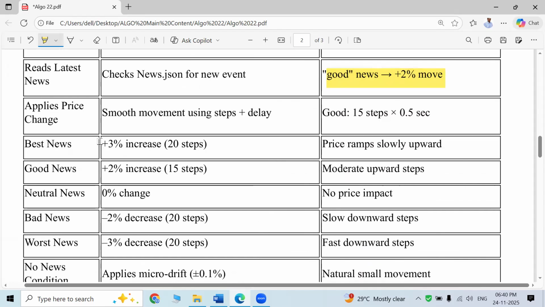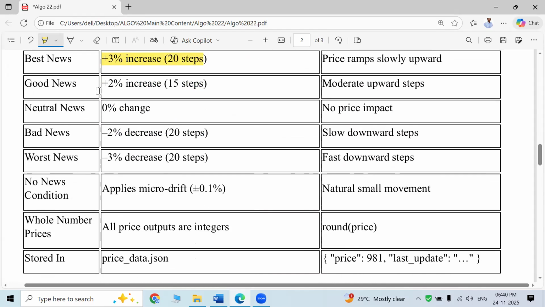If it is best news, 3% up; good news, 2% up; neutral news, 0%, that means a small change in the price; bad news, minus 2%; then worst news, minus 3%. And if nothing is coming, there's a small micro drift which will be continuously happening in the market.